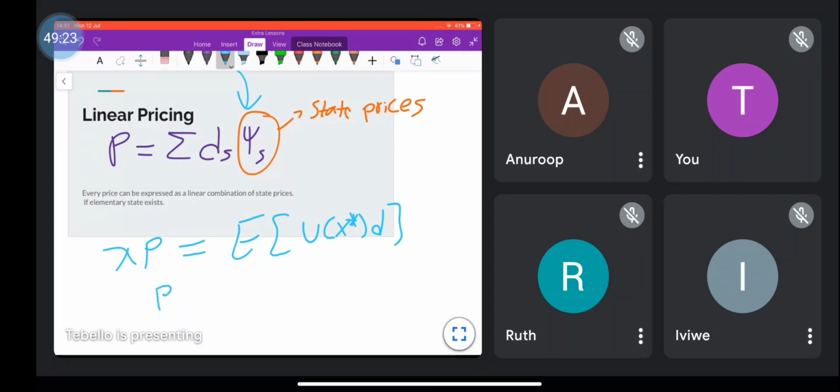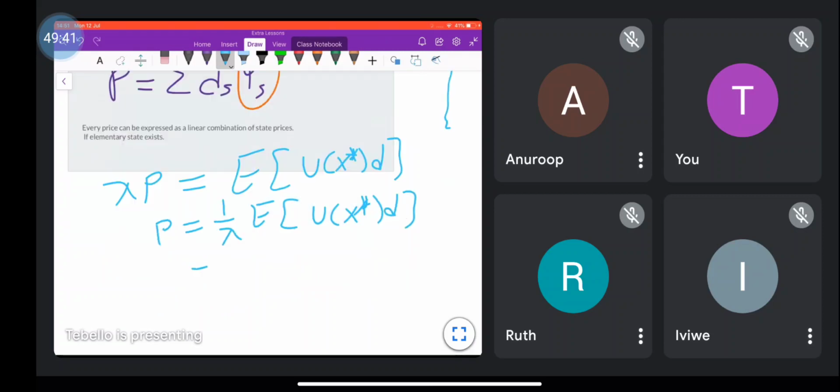So you can make P the subject of the formula. So you'll have 1 over lambda equals to the expectation of the utility star, right? And then you can take your lambda inside.